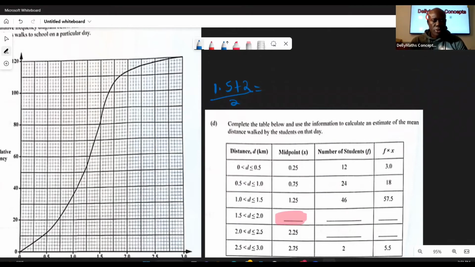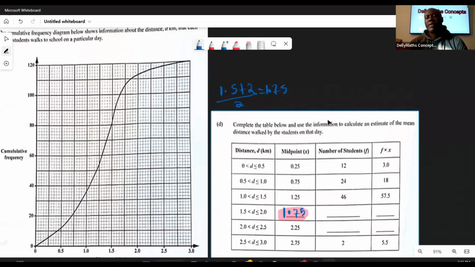So 3.5 divided by 2 is 1.75, if you want to do it that way. If you look at the pattern, you could see 0.25, 0.75, 1.25, then 1.75, 2.25, 2.75. So there's a pattern you could pick up, or you could have calculated it easily.